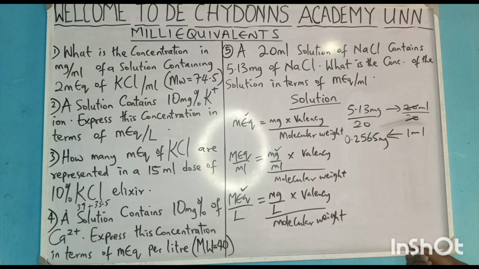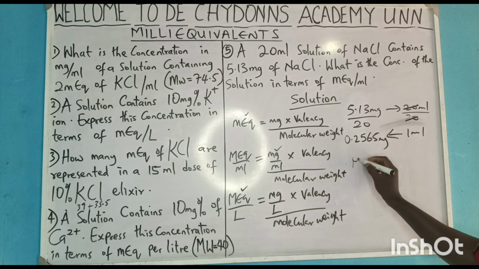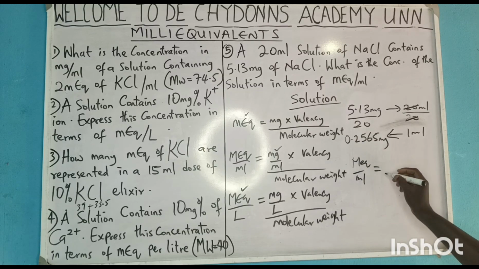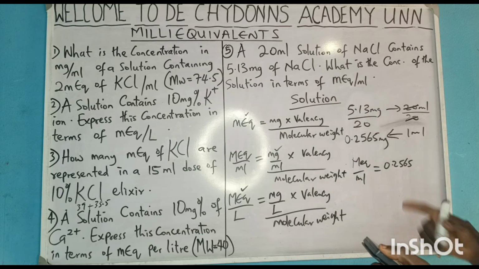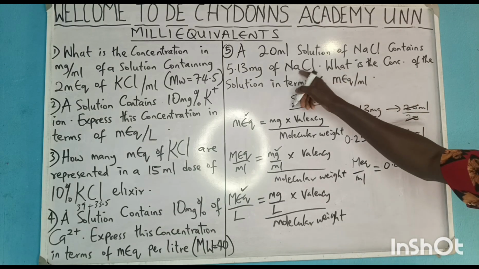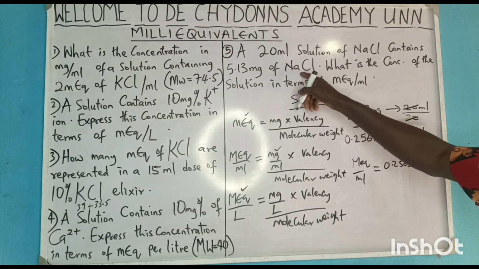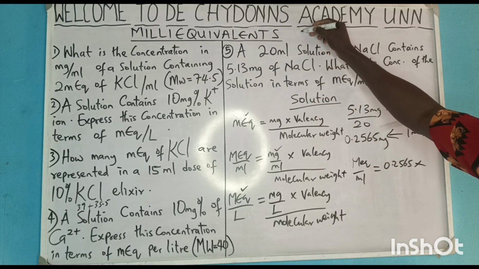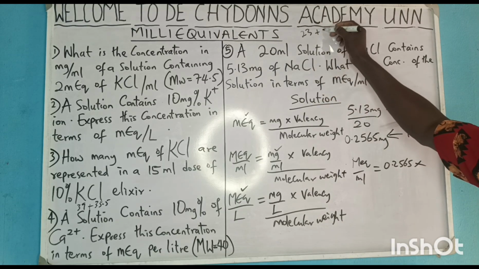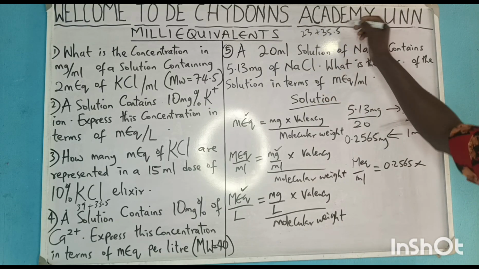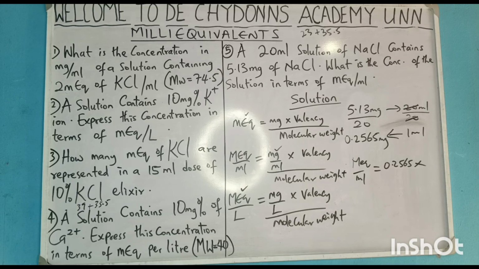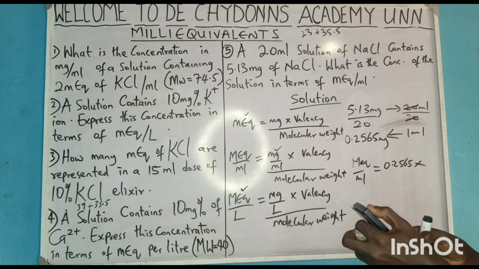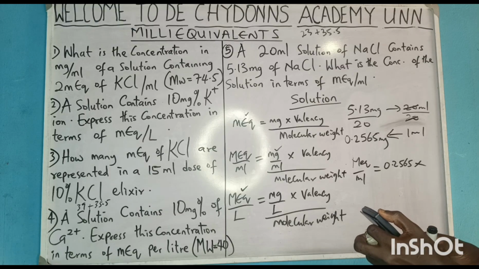Next thing I will do is I will now say milliequivalent per ml is equal to 0.2565 times the valency of this, all over the molecular weight. Sodium is 23 plus chlorine 35.5.